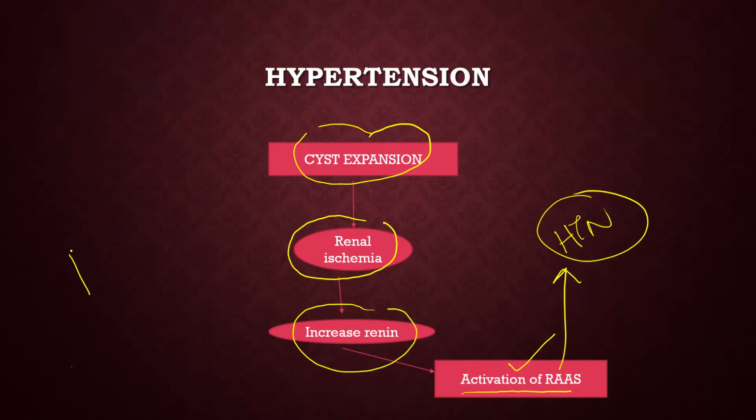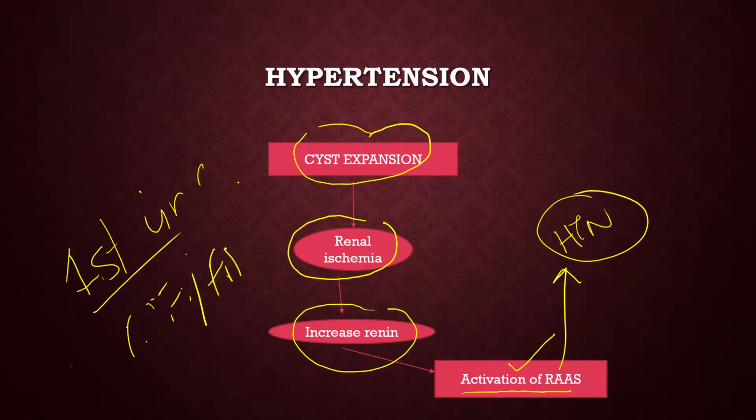So the first line antihypertensive drugs in autosomal dominant polycystic kidney disease are ACE inhibitors or ARBs, angiotensin receptor blockers.